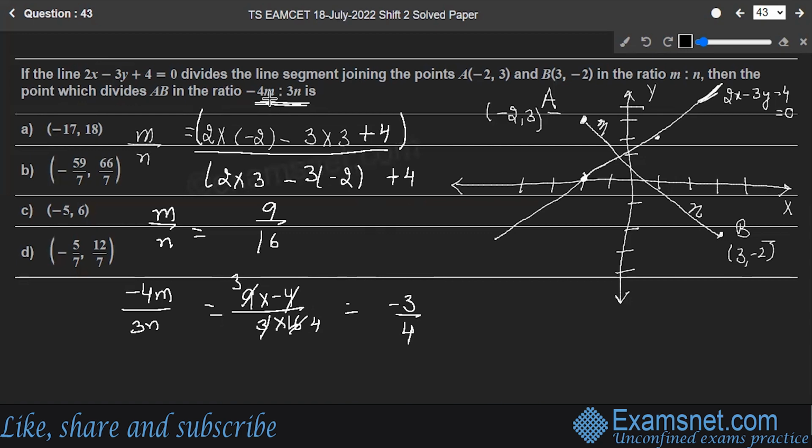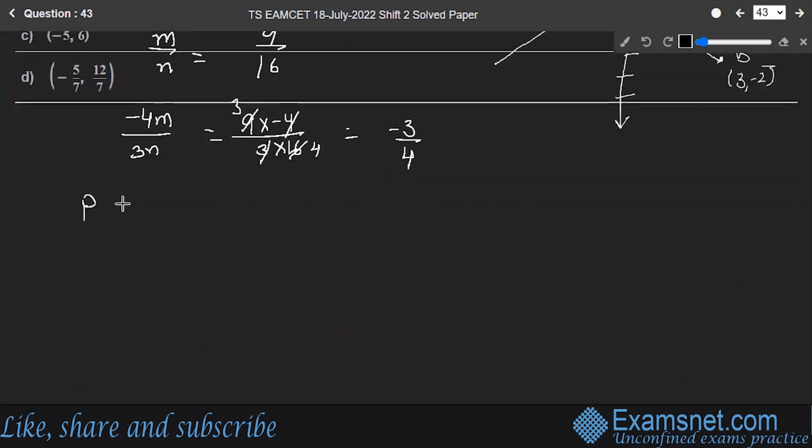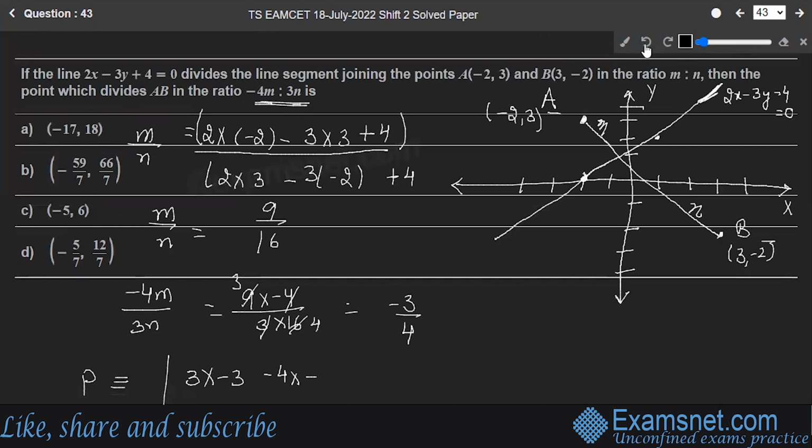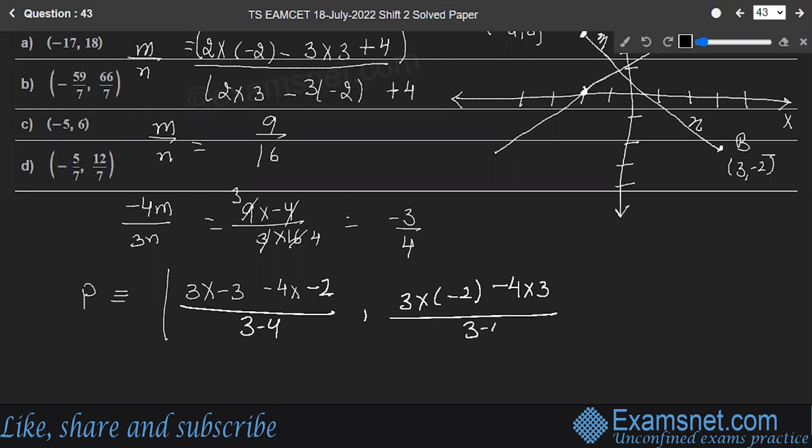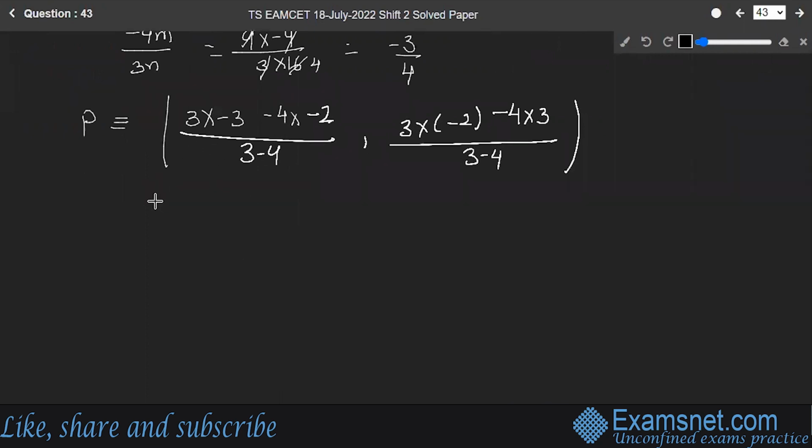Now the coordinates of this point will be given by, let the point be P. So P will have the coordinates as 3 into minus 3 minus 4 into minus 2, whole divided by 3 minus 4.